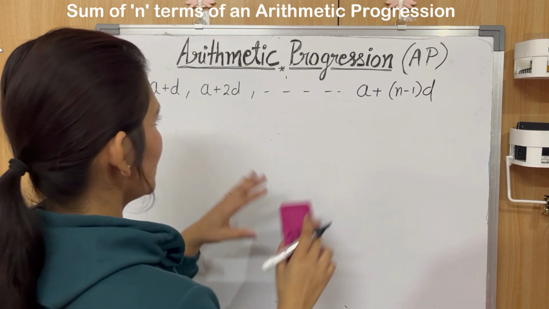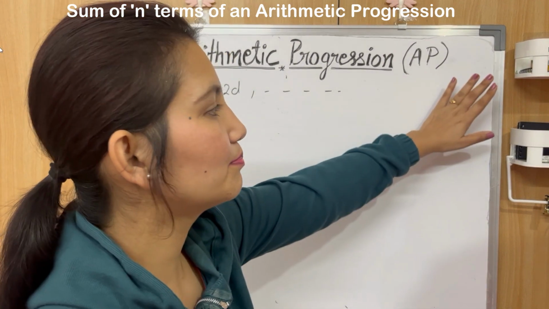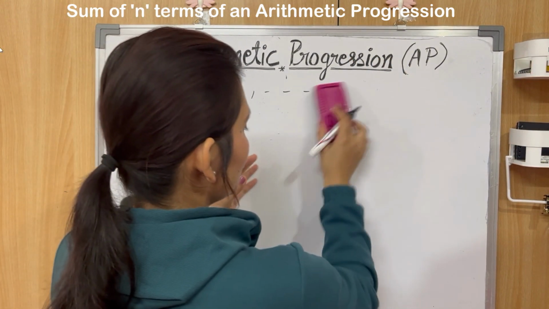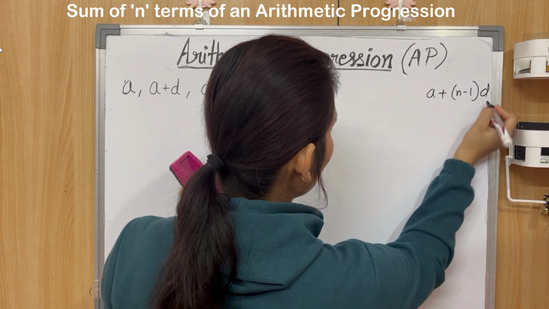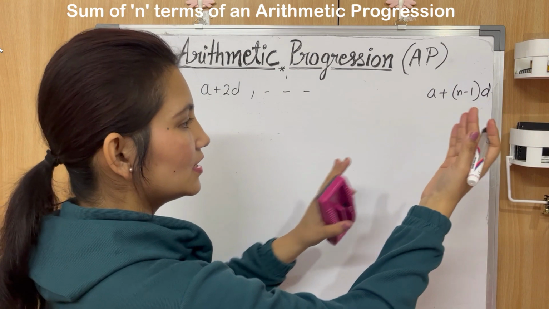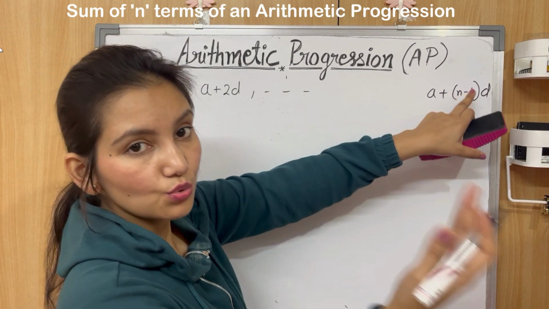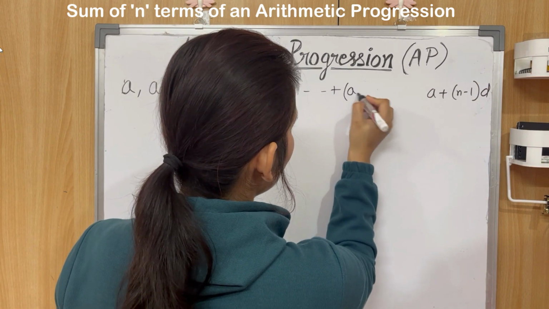Now, this is the nth term, and just the term prior to the nth term, just before the nth term. So if A plus (n minus 1)D is the last term, then the term prior to this term would be A plus (n minus 2)D.